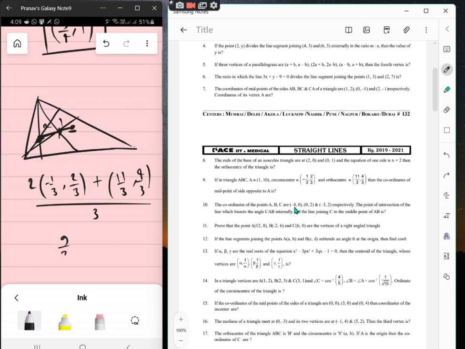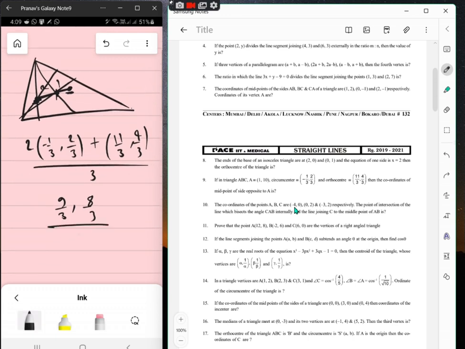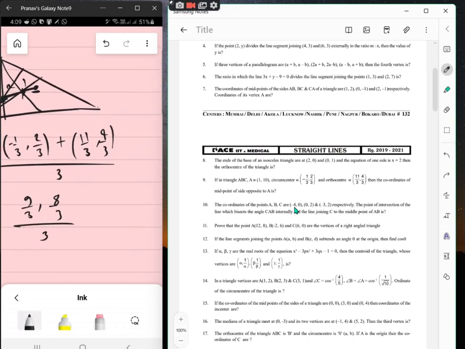And 4 plus 4 is 8/3. That's really bad, but that's what it is. That upon 3, and this is going to be equal to (1, 8/9).